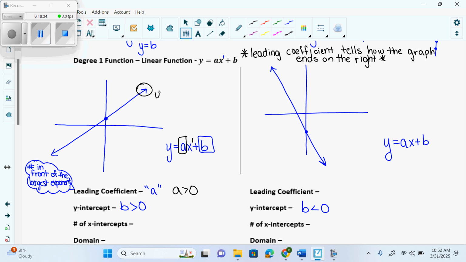So because this ends up on right, a is greater than 0. What about this one? It's less than 0 because it ends down on right. A is less than 0.